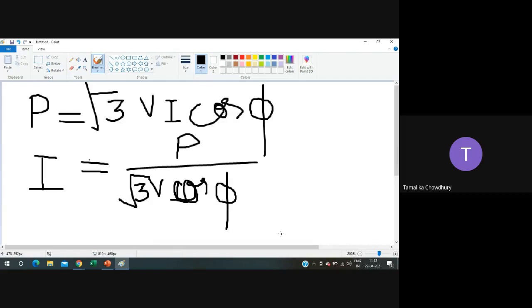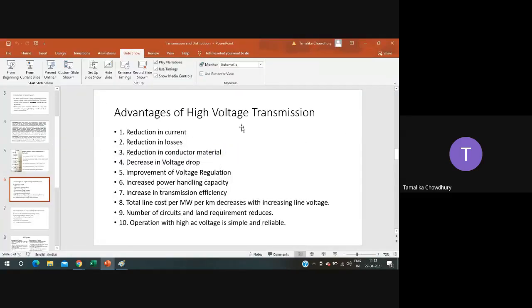Because if V is very high, I will definitely be low, and if V is low, I will be very high. Yes, inversely proportional. So this is the first point, the reduction in current. Next is the reduction in losses.